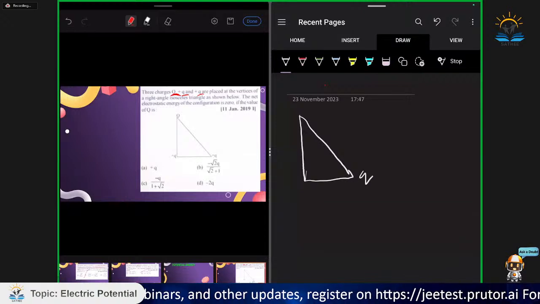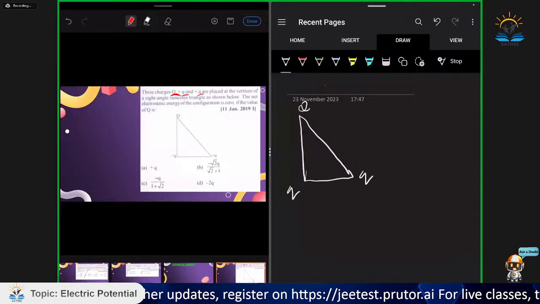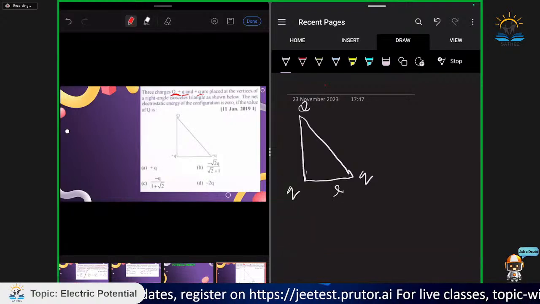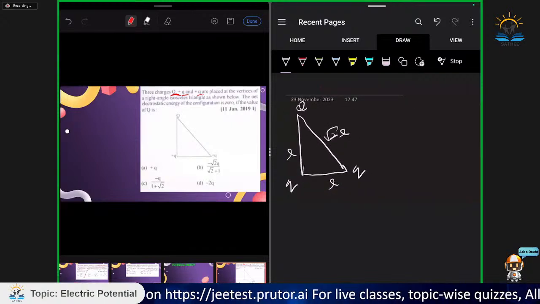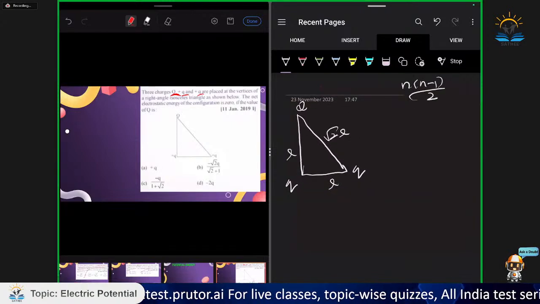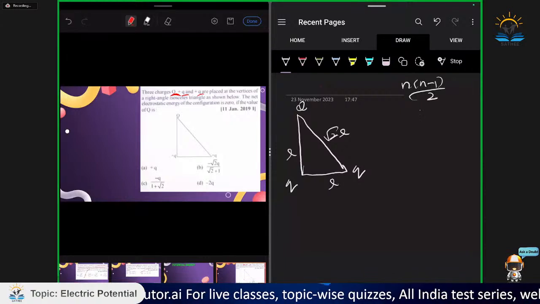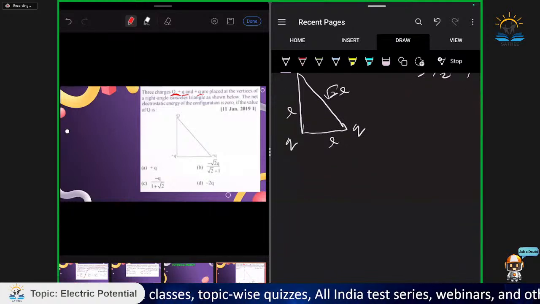This is our condition, Q, Q. This is an isosceles triangle, so the hypotenuse is L root 2. And we know the number of pairs is n into n minus 1 by 2. We have three charges, so 3 into 2 by 2, three pairs.